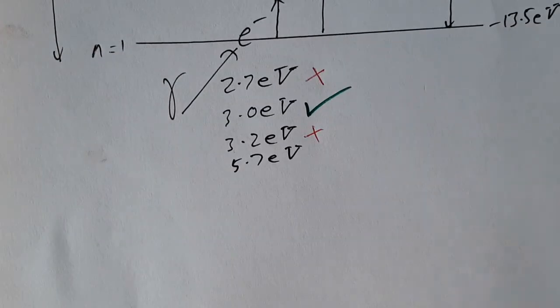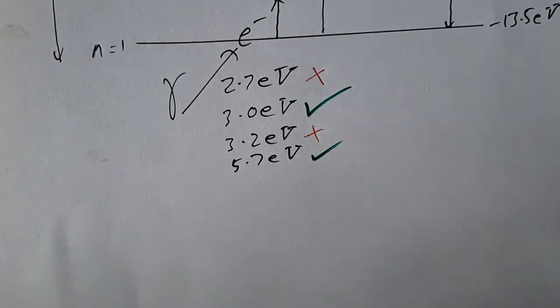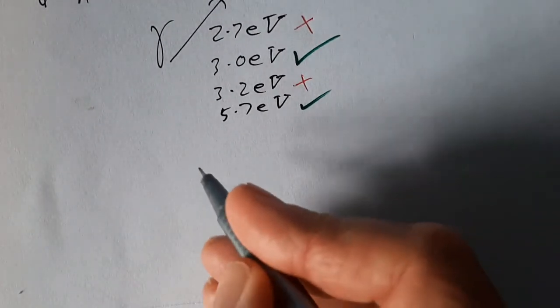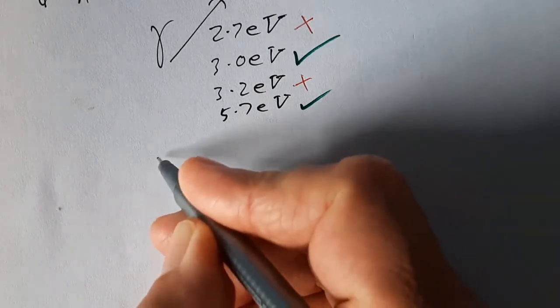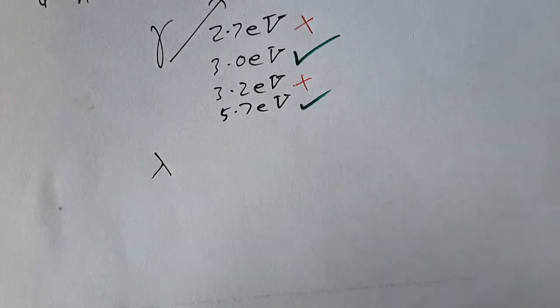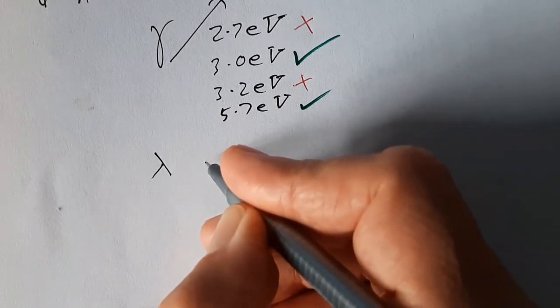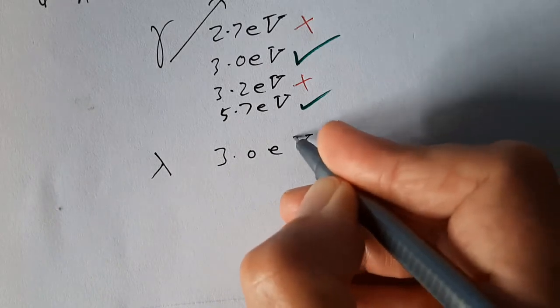Right, so we now know that we've got 2 photons that can be absorbed. I'm going to do one and you're going to do the other, in terms of just moving on with some calculations. So I'm going to ask the question, what wavelength, I'll do the slightly harder one, you get the slightly easier one. What wavelength would a photon be if it has energy 3 electron volts?